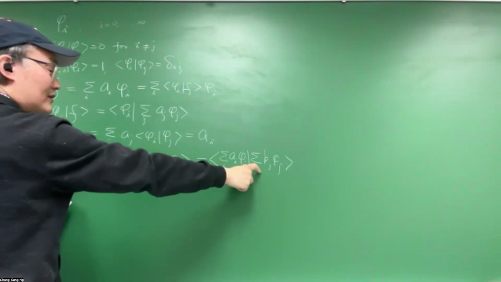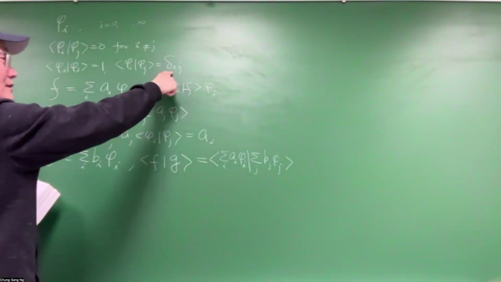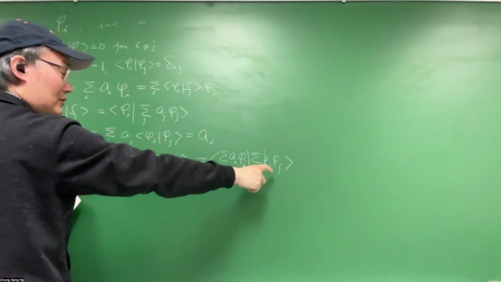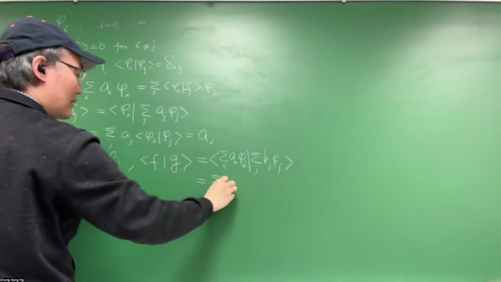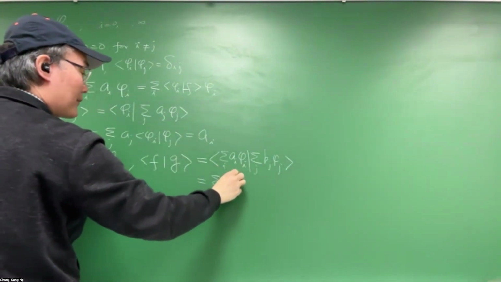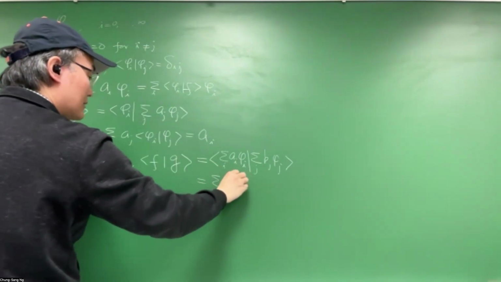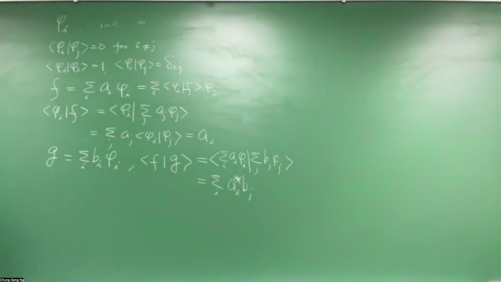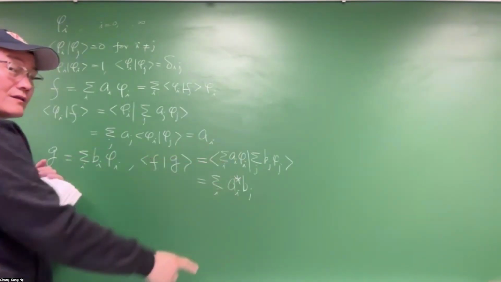You have two sums, sum over I, sum over J. So summing over J using the Kronecker delta is basically changing all the J to I. So that the sum over I of A sub I complex conjugate times B sub I. And the reason for the complex conjugate is because it's on the left side, right?